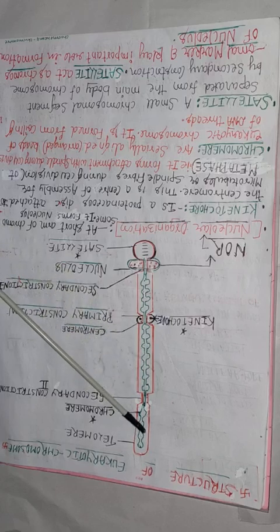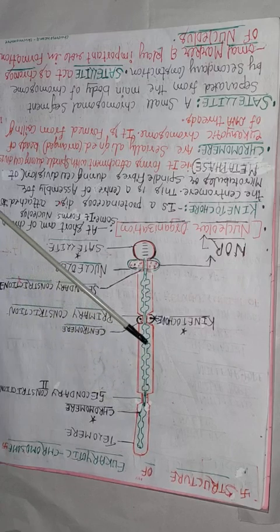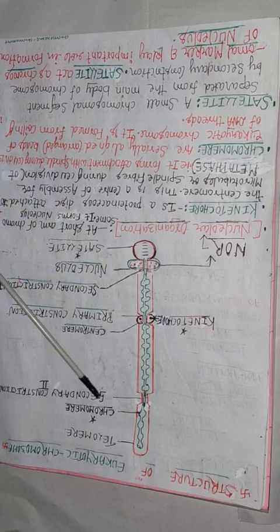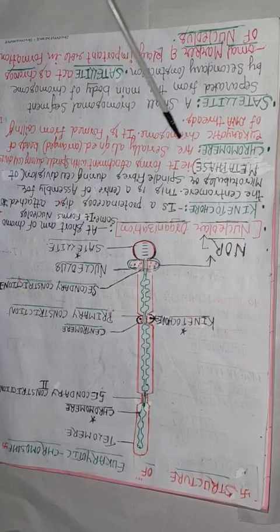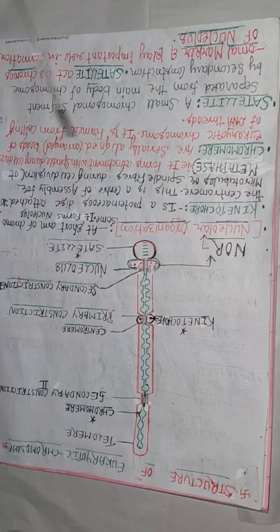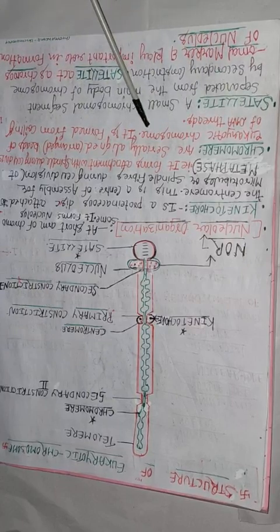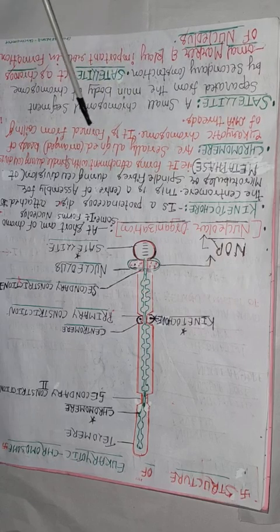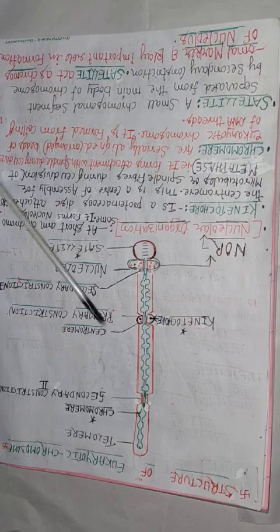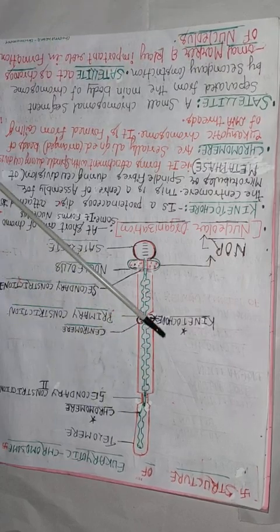It is formed by coiling of DNA threads. Again I repeat, what is chromomere? Serially arranged bits of eukaryotic chromosomes, formed from coiling of DNA threads.